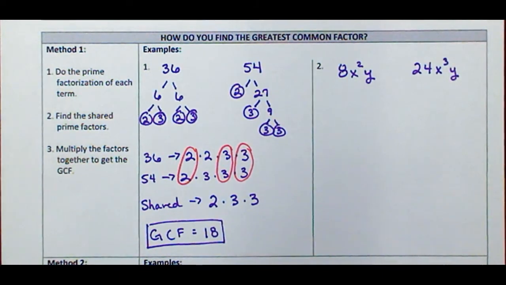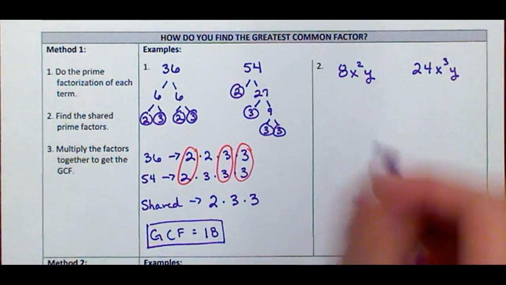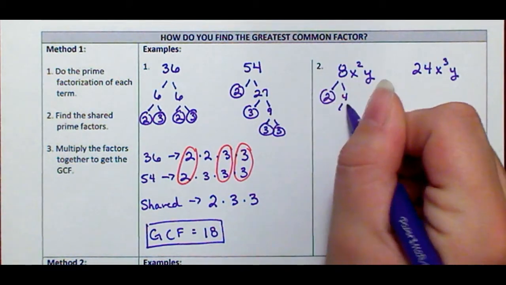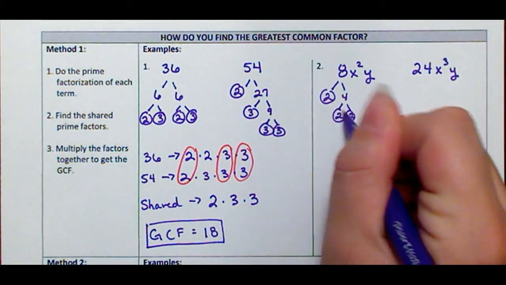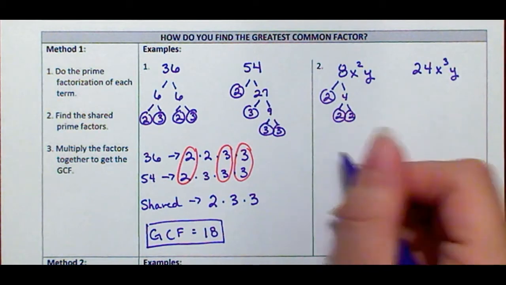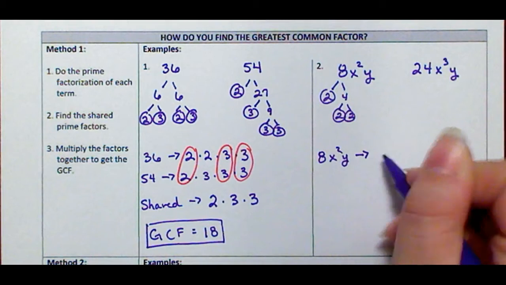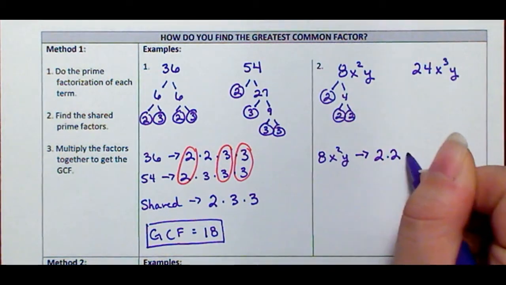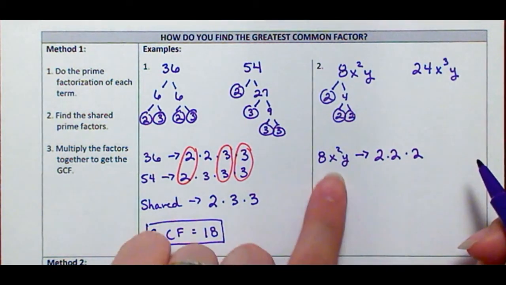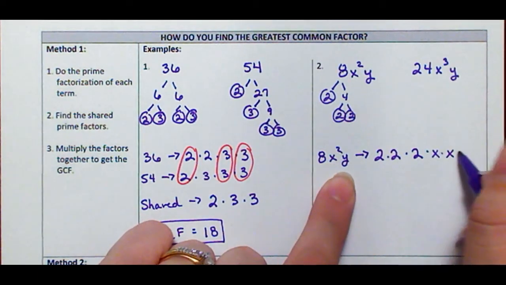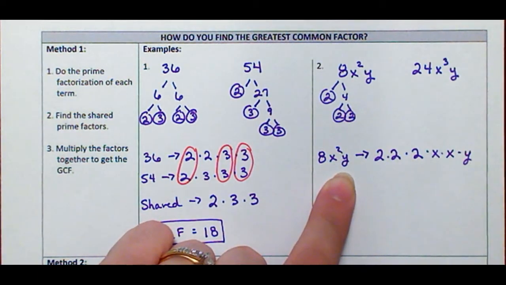We're going to do the exact same thing and prime factorize these down. So 8 is 2 and 4, and 4 is 2 and 2. That means 8x squared y we can change into 2 times 2 times 2 times x times x times y. There's only one y there.